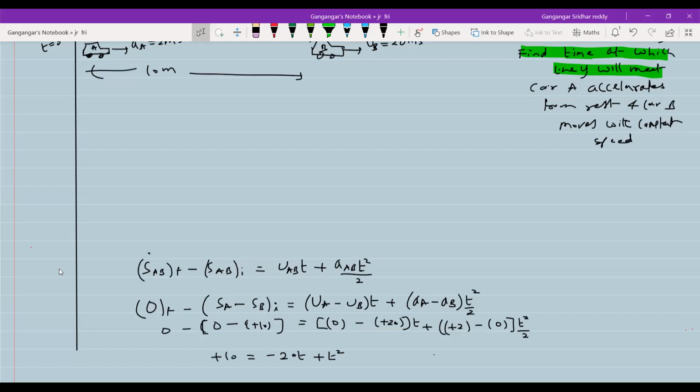It's a quadratic equation: t square minus 20t minus 10 equal to 0. Anybody answer? Sir, 20.5 seconds nearly.